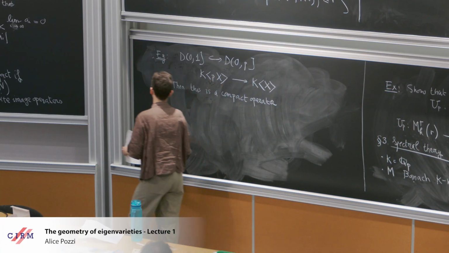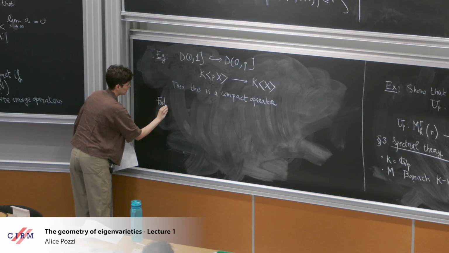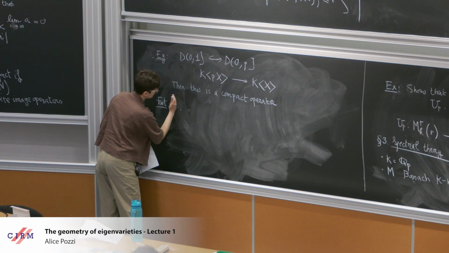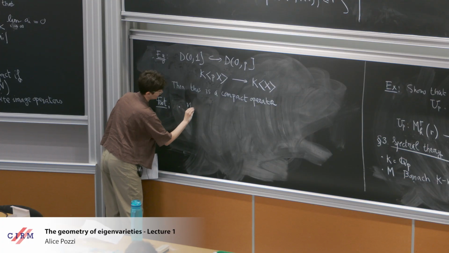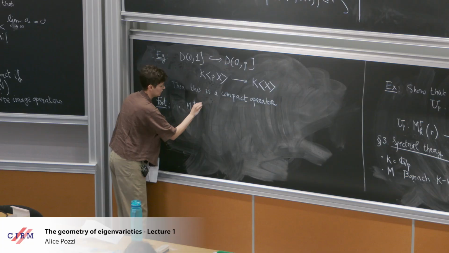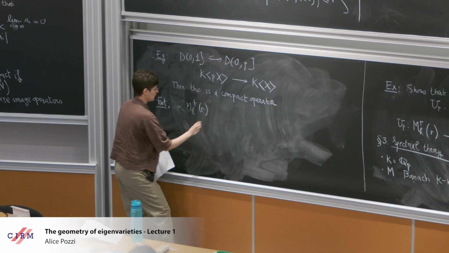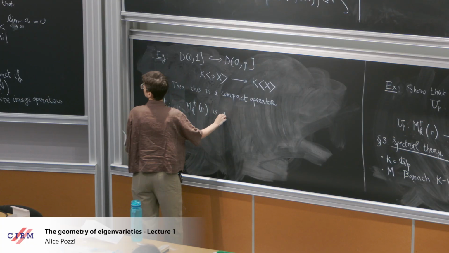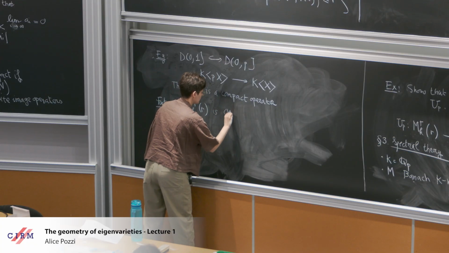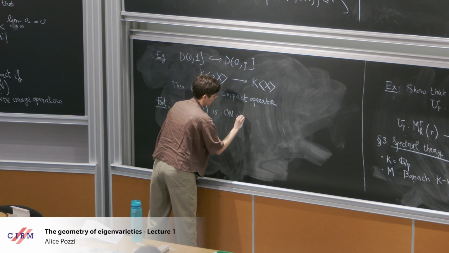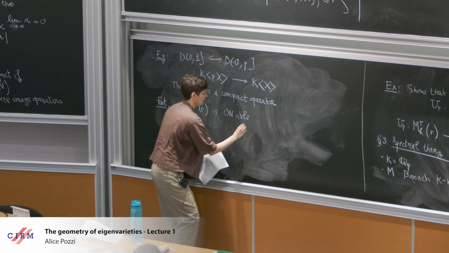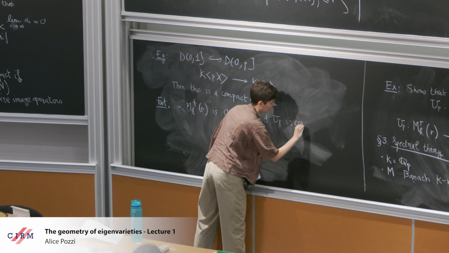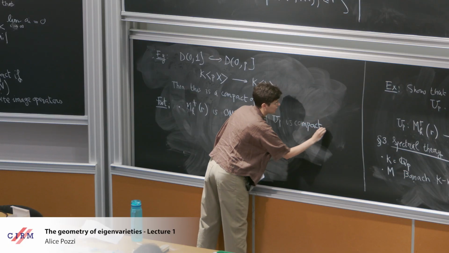So the conclusion is that you can maybe believe that U_p, and you should also say why this makes sense, this is a Banach space, second of all it is orthonormalizable, and U_p is compact on it.